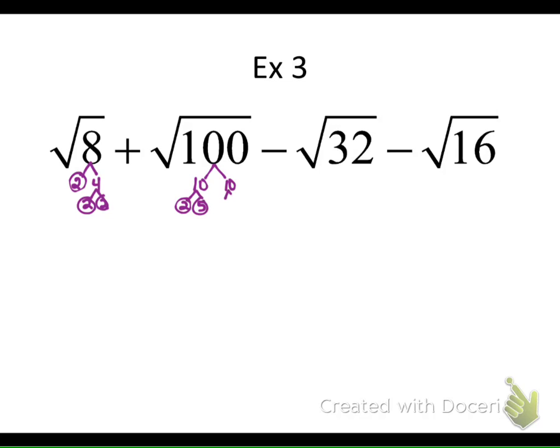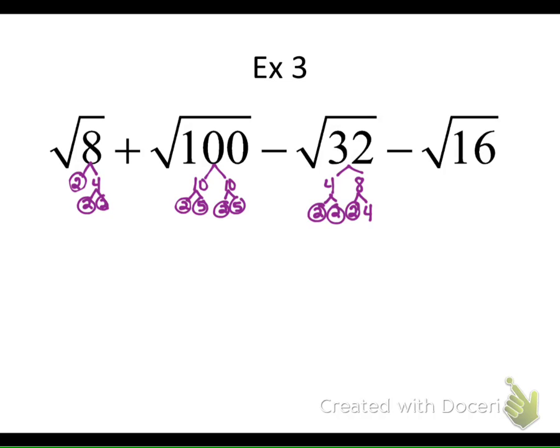Is 5 a prime number? Yes, so that's why I circled them. Okay, then 32. What can I multiply together to get 32, Hannah? Okay, and what about for 4? And what about for 8? 2 and 4.